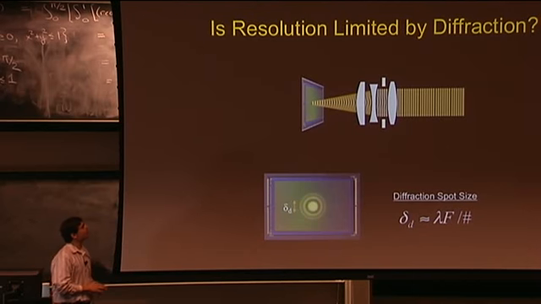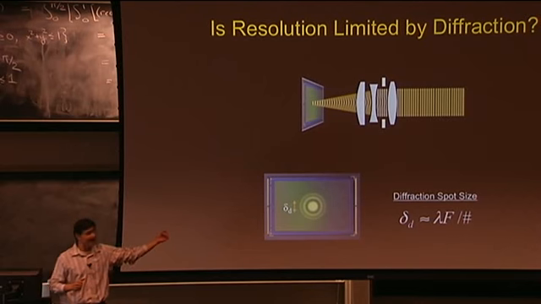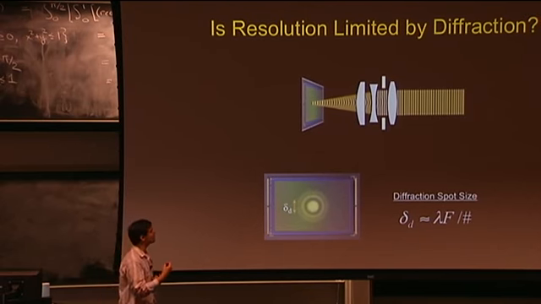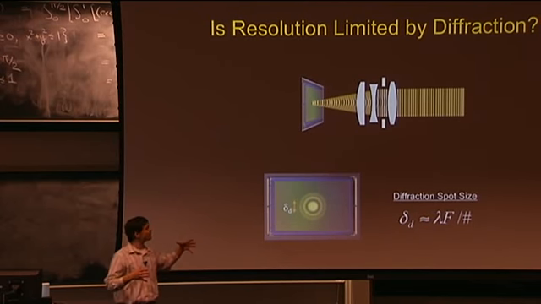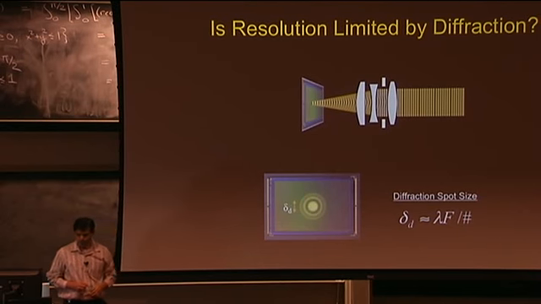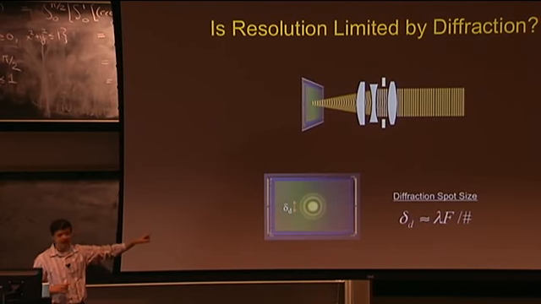The diffraction from the aperture of the lens limits the minimum spot size that we can get from the lens. When we stop down the aperture and increase the F number, we increase the amount of diffraction, and so the spot size due to diffraction. But the spot size depends only on the F number.